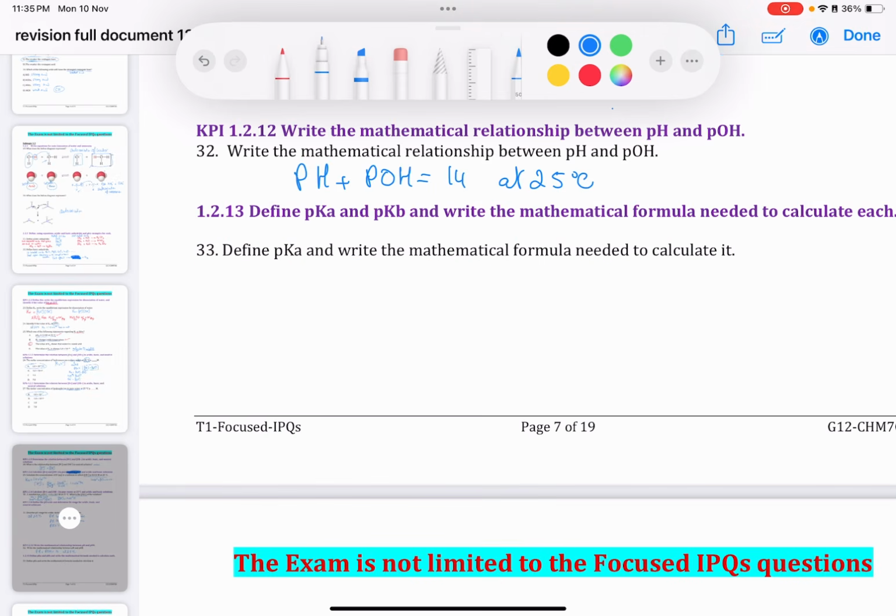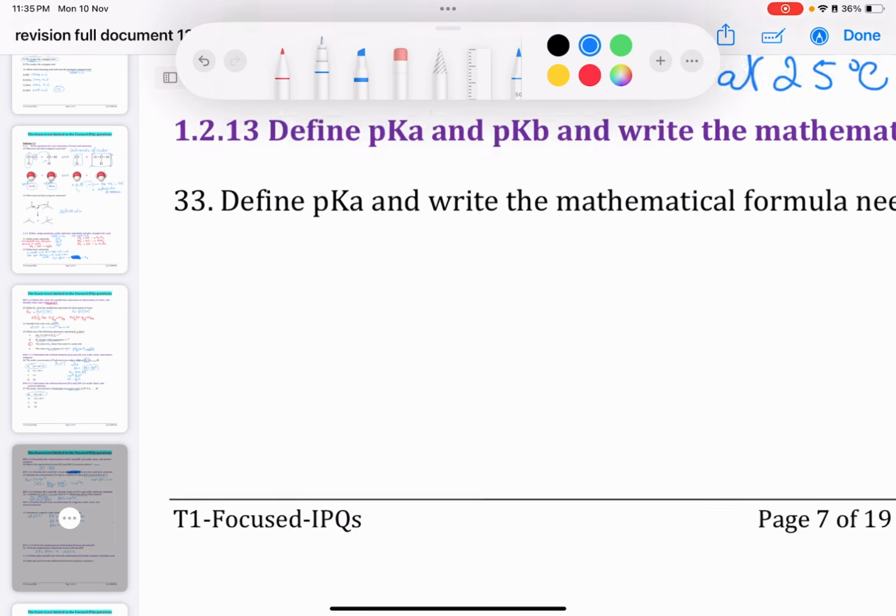Define pKa and write the mathematical formula needed to calculate it. pKa is a logarithmic function related to the Ka, the dissociation constant.